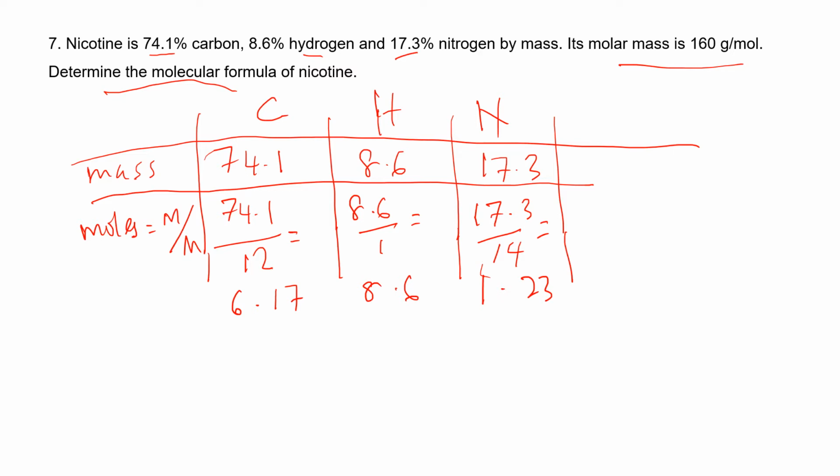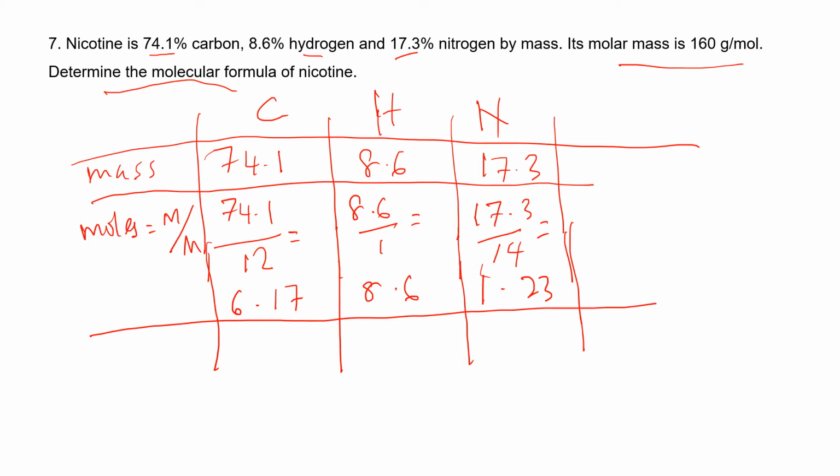Next step, you have to find the smallest mole. You have to divide by the smallest number of moles. From 6.17, 8.6 and 1.23, the smallest is 1.23.